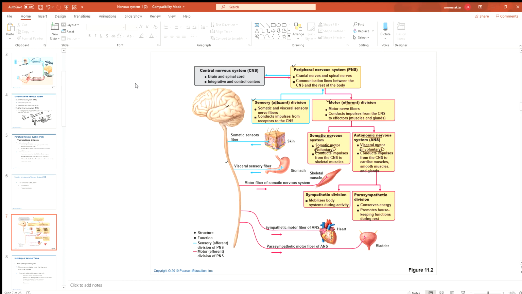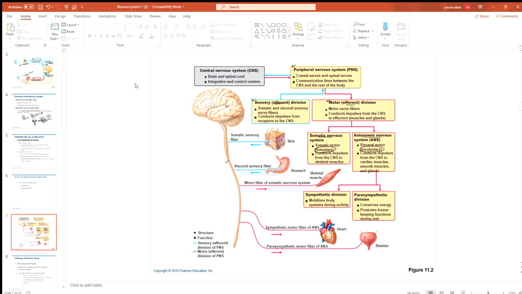Let me give you an example. If you see some delicious food, or smell delicious food, secretion of saliva in your mouth or gastric secretion in your stomach occurs. So when you see the food, signal from your eyes goes to the brain, sensory input. Then the brain processes if it is delicious and if you are hungry.